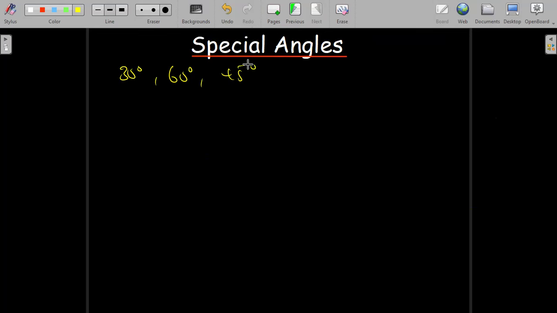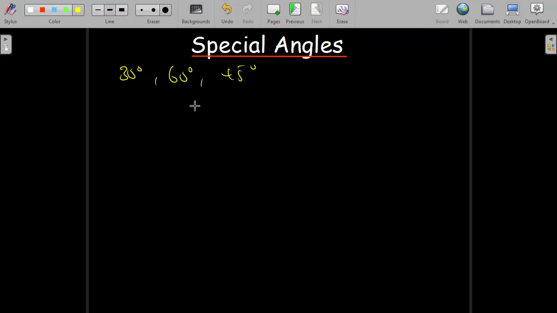These are known as special angles because they come from special triangles that have some good findings. So now let's start with the 30 and the 60 degrees. What do we want to get from there? We can actually get our trig ratios faster from those, and this is how we do that.